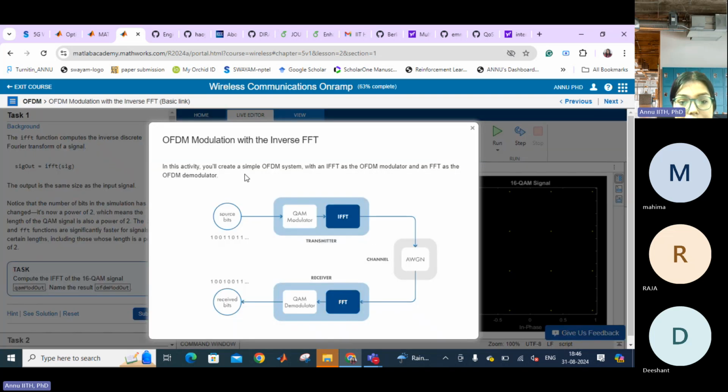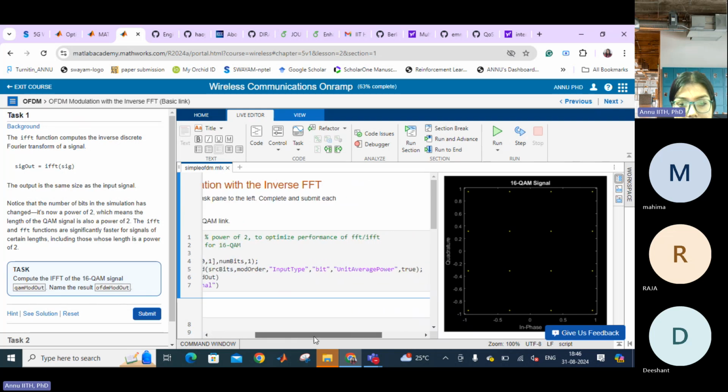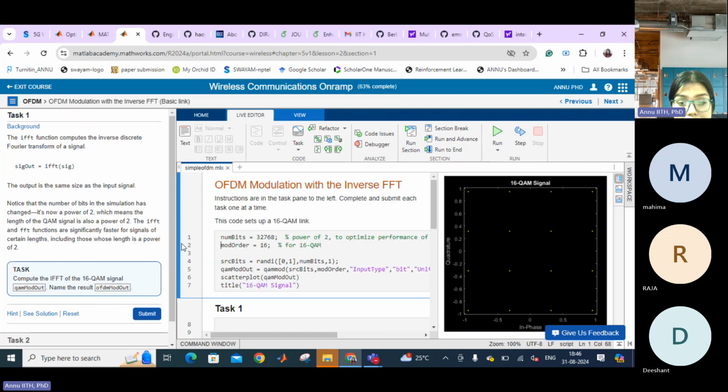So in this activity, you will create a simple OFDM symbol with an IFT as an OFDM modulator and FFT as an OFDM demodulator. Again, we use a power of 2 to optimize the performance for the number of bits. Again, we have to check the size of the FFT and IFT, that's why this particular value is taken. Then the modulation order is again 16 QAM.